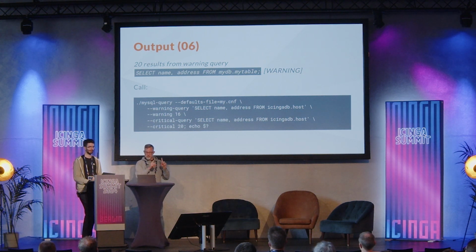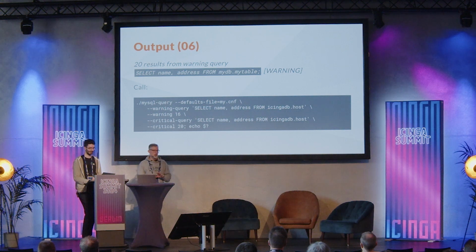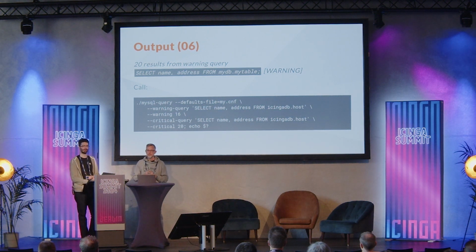I want 20 results from my warning query, and then in backticks, so markdown, the warning query, for example, and if the query has triggered an alarm or not. So always feel free to use markdown in your output. That's not an issue. Icinga Web displays that in some cases, so that's nice. Use markdown. And let's have a look at the version 6 of the plugin.